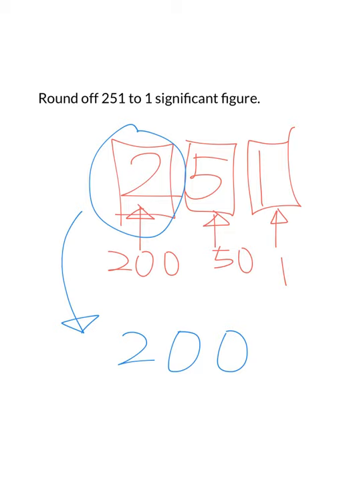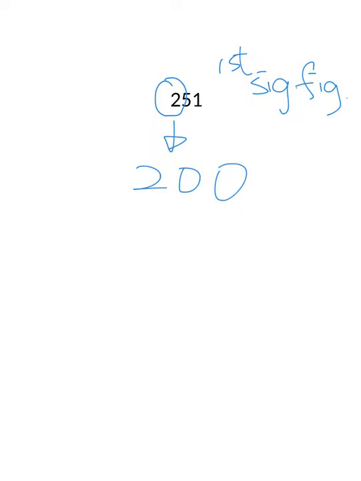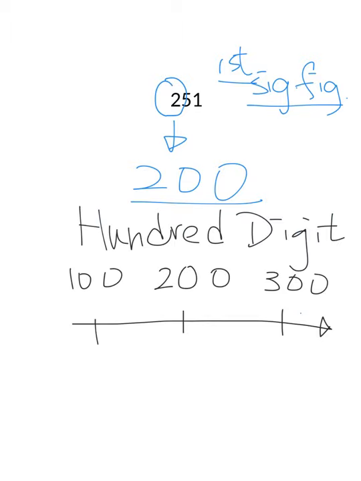There's some problem. To round off 251 to one significant figure, as 2 is the first significant figure, it represents 200. It should be the best number to represent 251. That should have no problem. But why is 200 wrong? Now I want to explain why 200 is not a good number to represent 251.